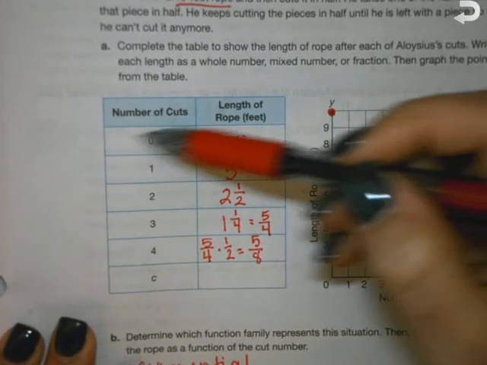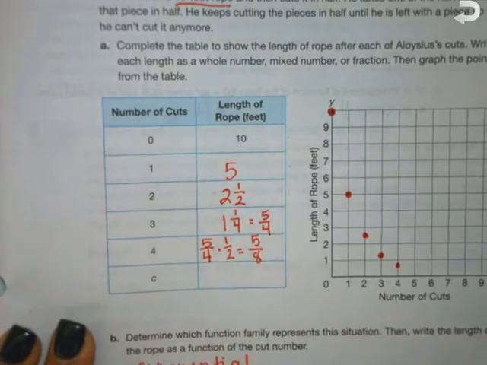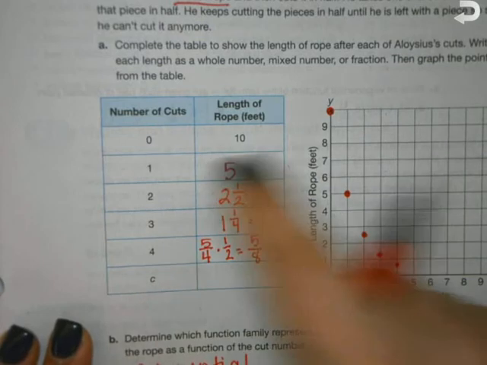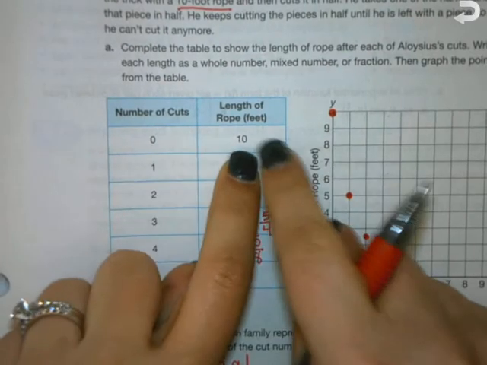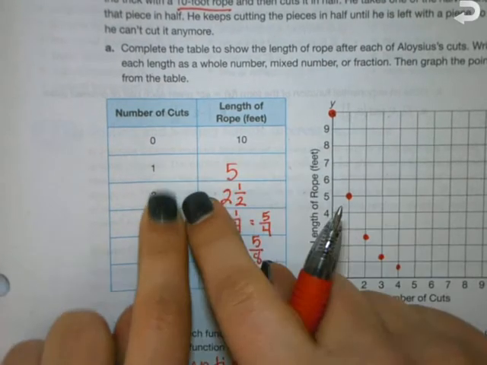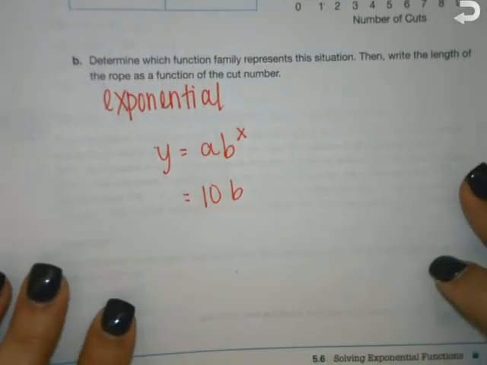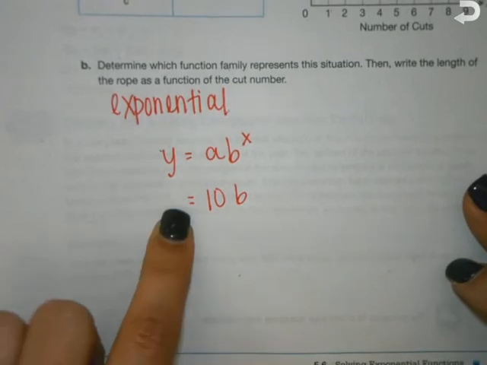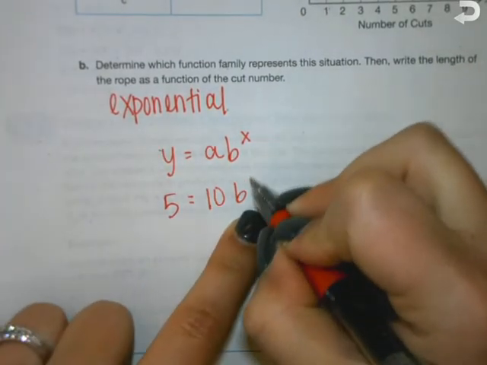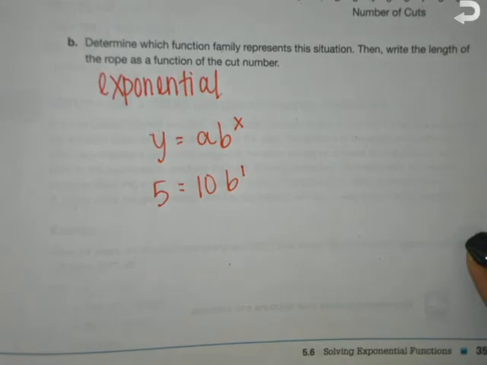Which X and Y do you think would be easier to plug in? 5. Yeah. What about 0 and 10? Or 1 and 5, it doesn't really matter. So why don't we use 1 and 5? That might be easier. So this is going to be Y is 5 and X is 1. That's actually going to make it easier for us.